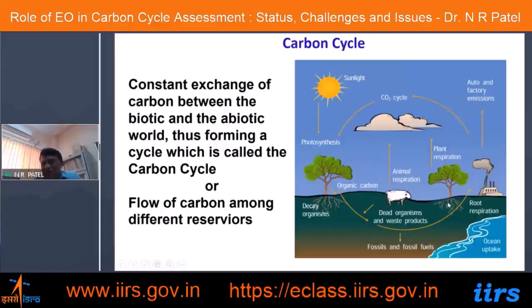Apart from that, there are also roots. Roots also respire: rhizobial respiration as well as root respiration. Then apart from roots, there are leaves, stem and bole. Like human beings, we take oxygen and release CO2. Plants take CO2 and release O2, but at the same time they also respire during night time.